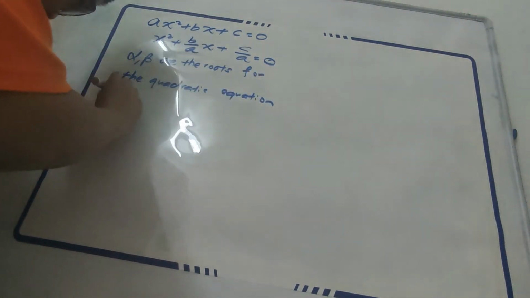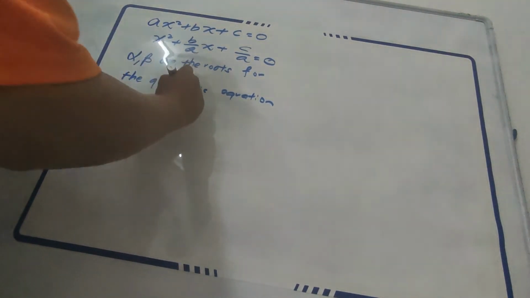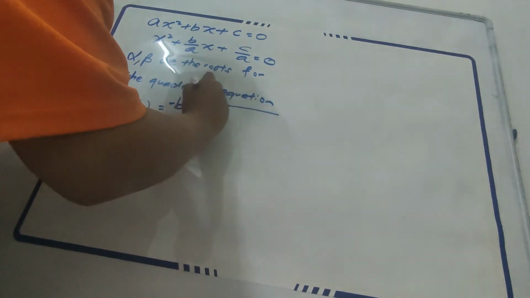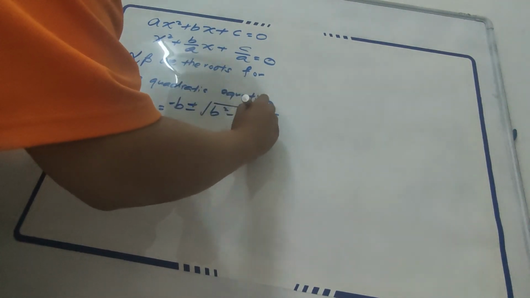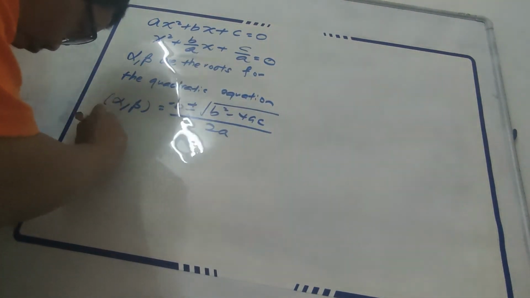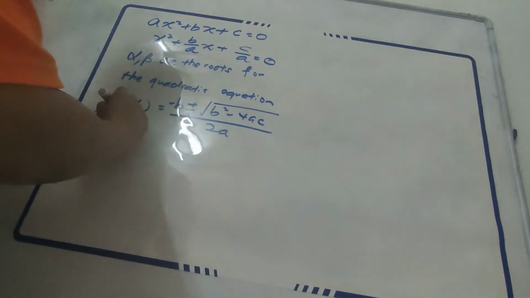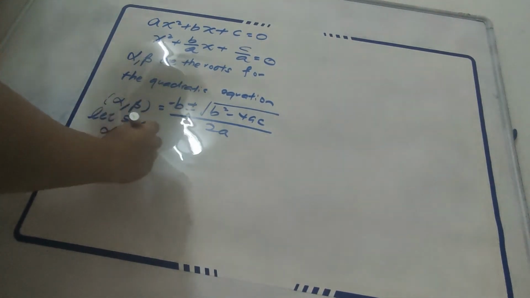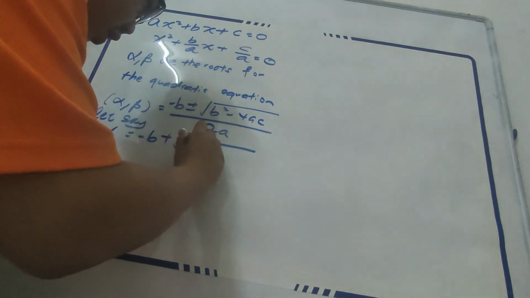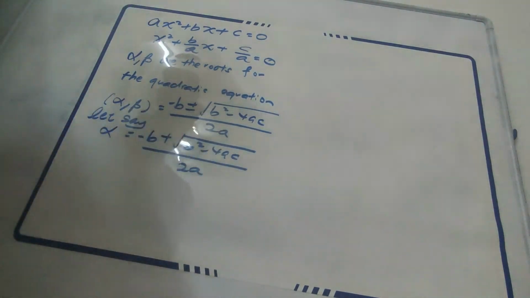So using the quadratic formula, your alpha and beta actually are minus b plus and minus the square root of b squared minus 4ac, over 2a. Your alpha is equal to minus b plus the square root of b squared minus 4ac over 2a.